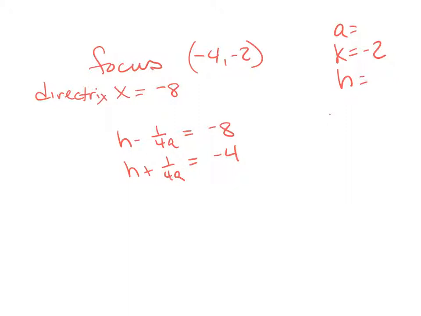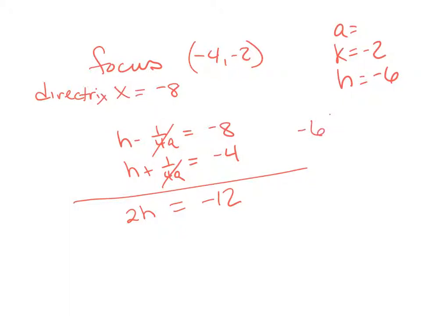If you notice, this here is a system of equations, right? When I add those together, I get 2h. This mess bites the dust, and that equals -12. So I can find that h equals -6. Okay? Now I plug that back in, and I say -6 minus 1/4a equals -8.